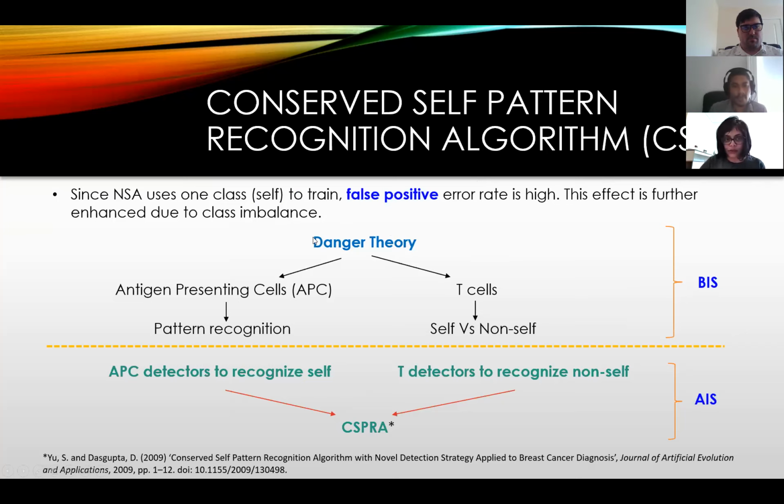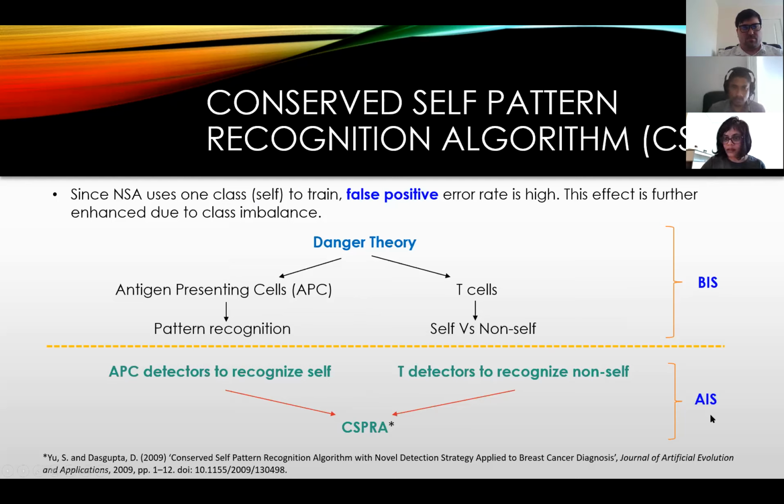The danger theory suggests that there are two parallel lines of defense in the body. One line is the T cells that we have already seen in the negative selection algorithm, which differentiate between self and non-self. The other aspect is antigen presenting cells, which are molecular players of the biological immune system that do pattern recognition.